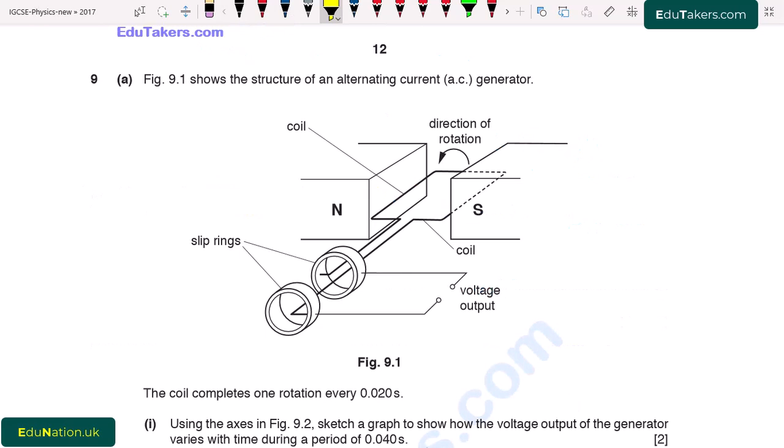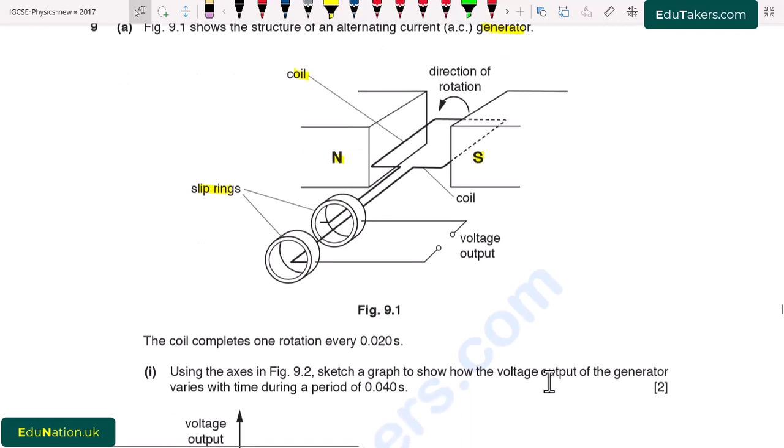Question number 9, part A. Figure 9.1 shows the structure of an alternating current generator. So here is a figure 9.1, and we can see that there is the alternating current generator. The main components of an AC generator are slip rings, coil, and magnetic field, that is represented by south and north pole.